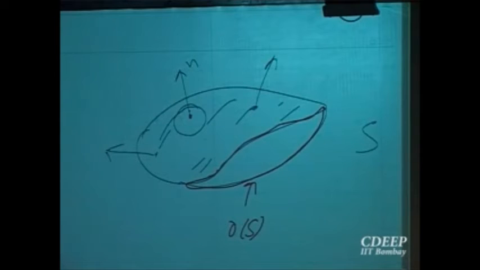I will give this anti-clockwise orientation. So at every point where a normal is sticking out, I look down, and for a small closed curve, I give anti-clockwise orientation. So what will be the orientation for this? Anti-clockwise orientation will look like this, if you are looking at it from the top.